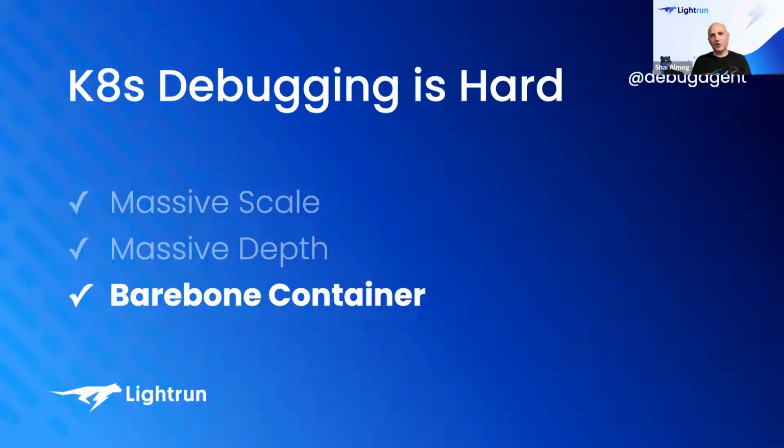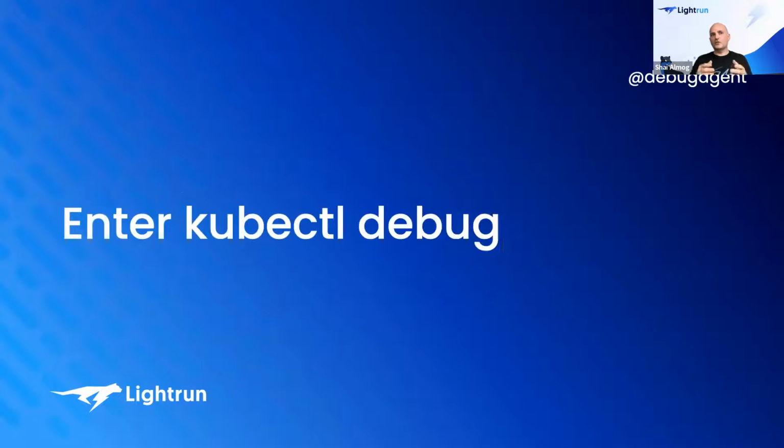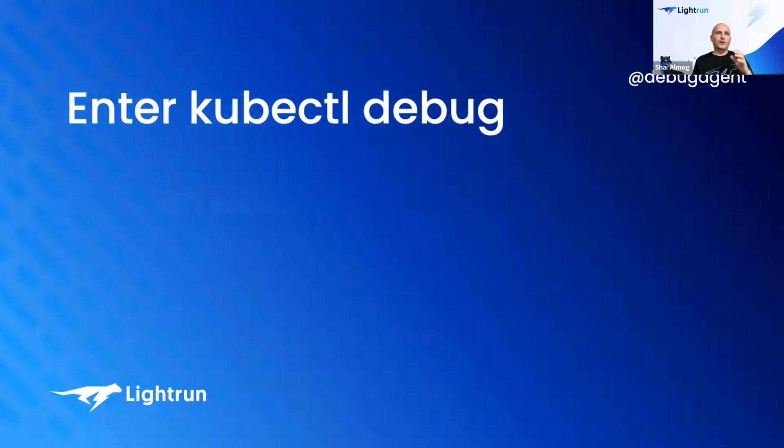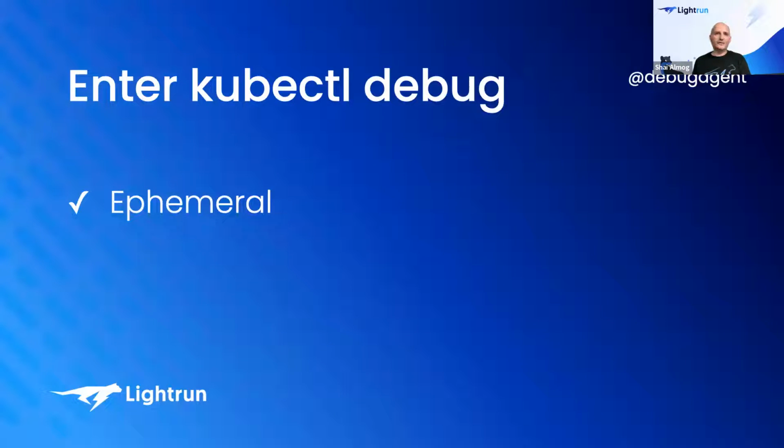Furthermore, if your logs are already ingested by a solution like Elastic, you probably don't have anything valuable to do within a barebone container. kubectl debug solves these problems and can work even with a crashed container or a barebone image. The kubectl debug command adds ephemeral containers to a running pod.